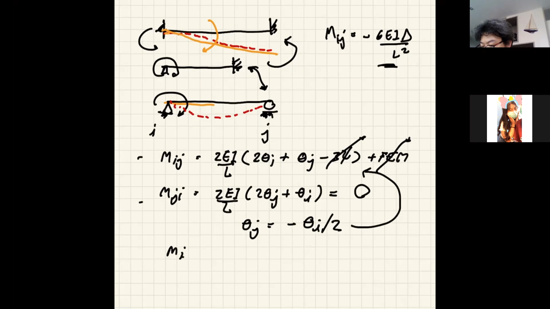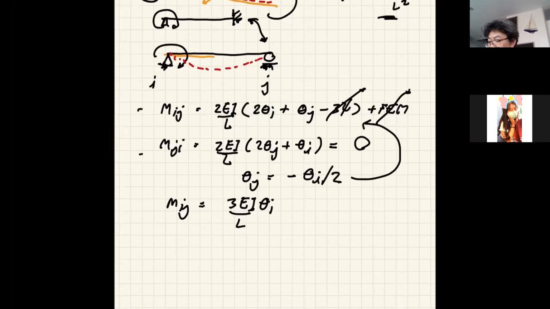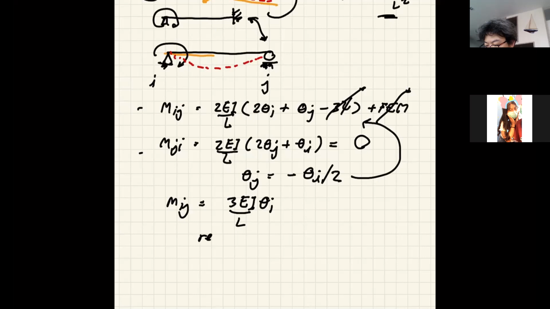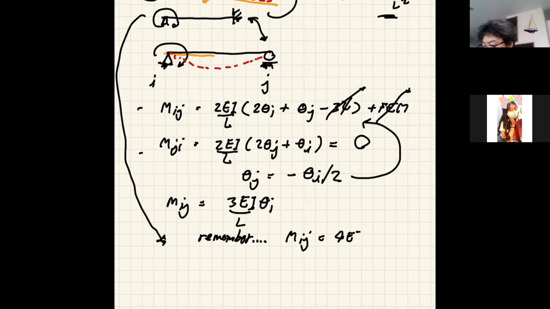So Mij, when I plug that in, I will have the term comes down to 3 EI zeta I over L. Now, remember in the beginning that if you have the typical situation like that, your Mij is equal to 4 EI over L zeta I.